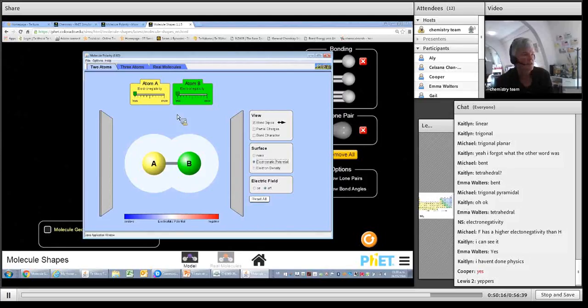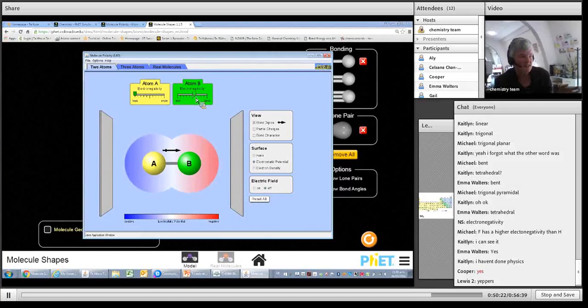If I increase the electronegativity of B, it becomes more and more negative because it's attracting the bonding electrons between A and B, sucking them more and more to B, so B is getting more negative, and A is getting less negative, more and more positive, because the shared electrons are being pulled away. Okay, so electronegativity is just a measure of how strongly an atom attracts these bonding electrons.